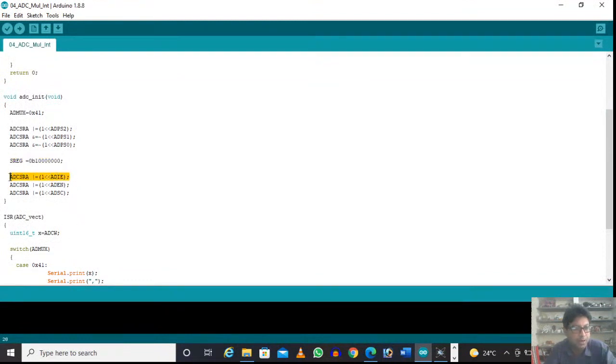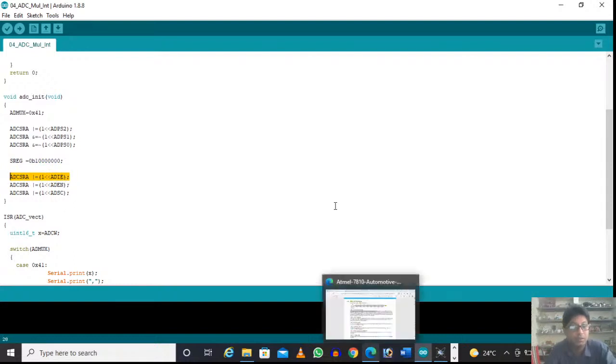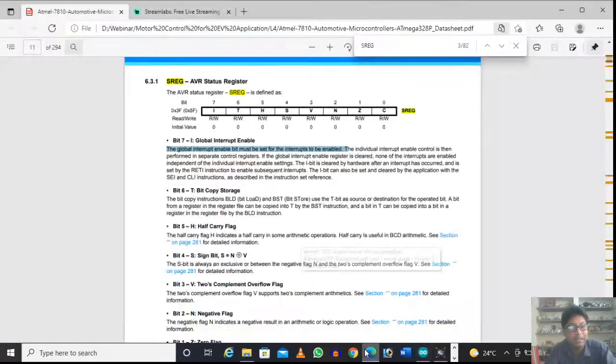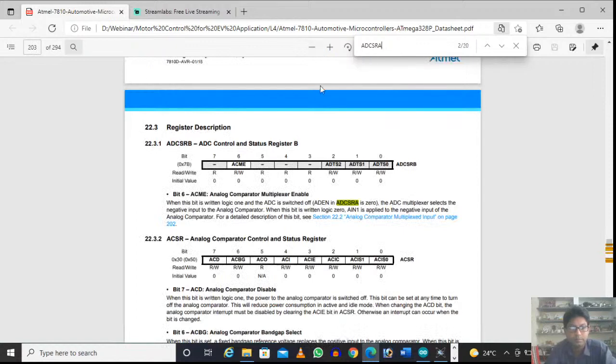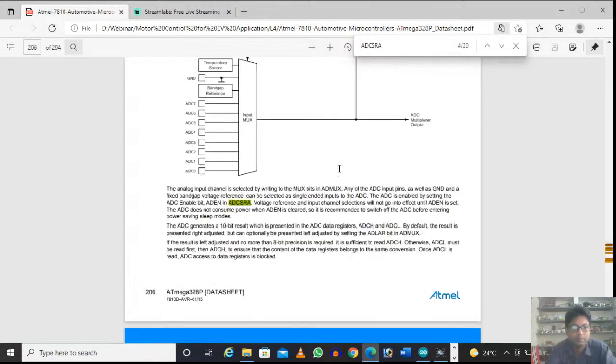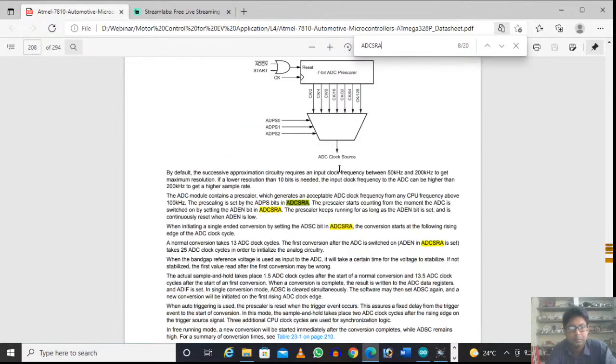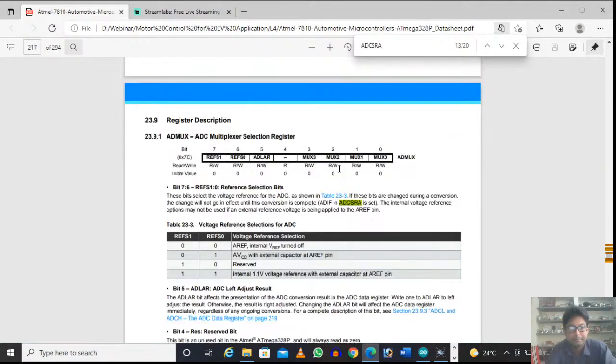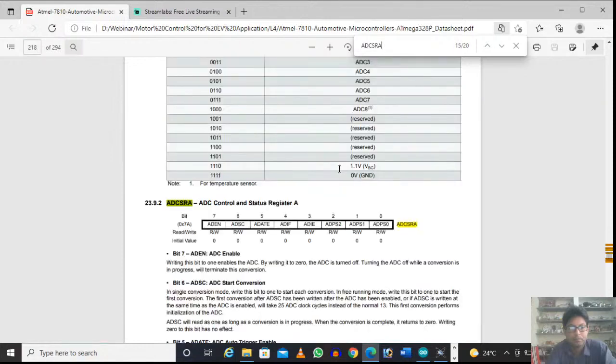And here I have used one more bit of ADCSRA, that is ADIE, which I did not use yesterday. So let us see what ADIE is. This is the third bit.